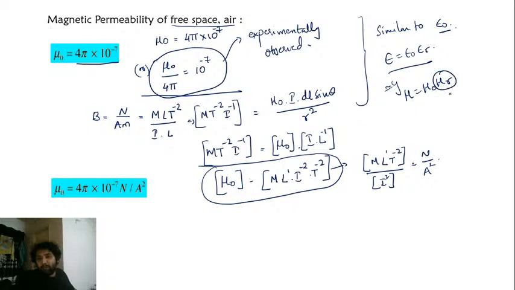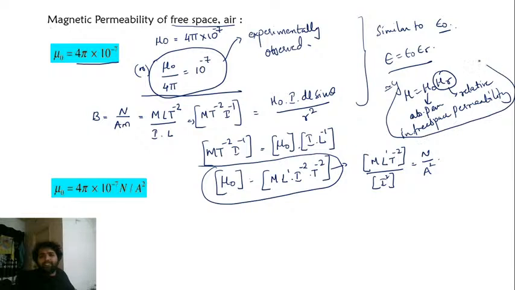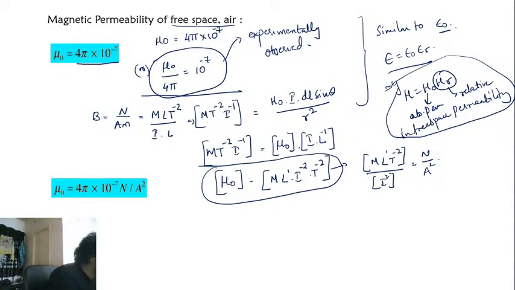This will be relative permeability, and this is absolute permeability in free space. So iska value we know already, and otherwise this will also be used in a lot of cases. We will be discussing that as we go forward.